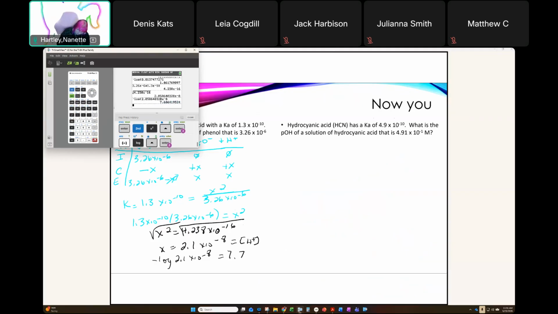And then my POH is going to be equal to 14 minus that value, which is 6.3. So that is what I would report.